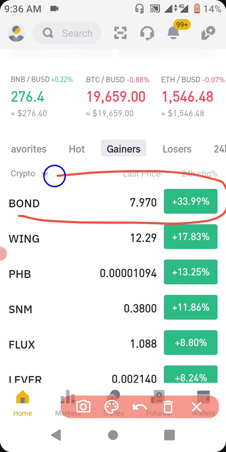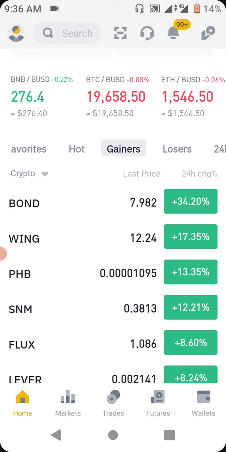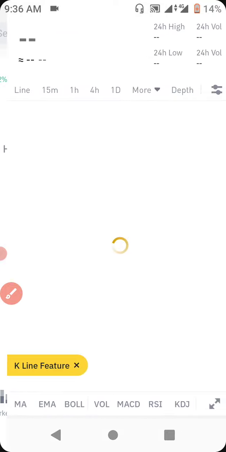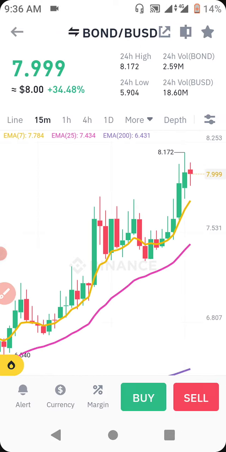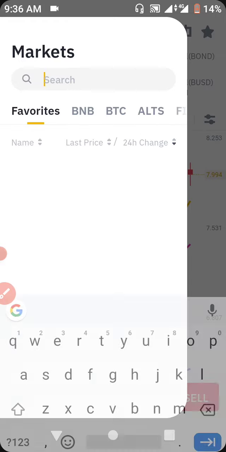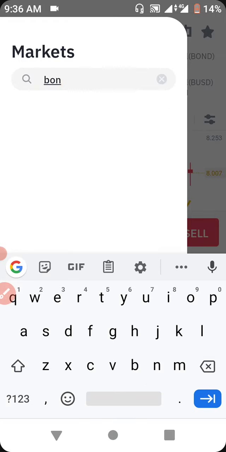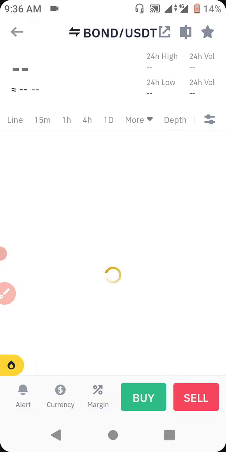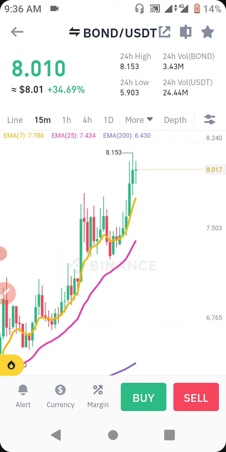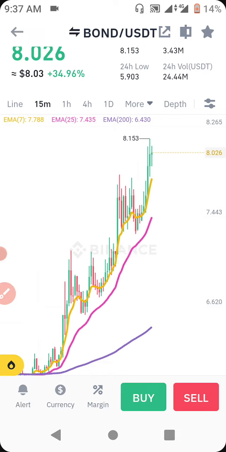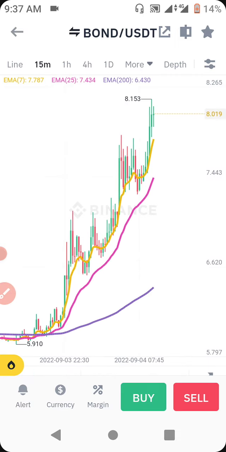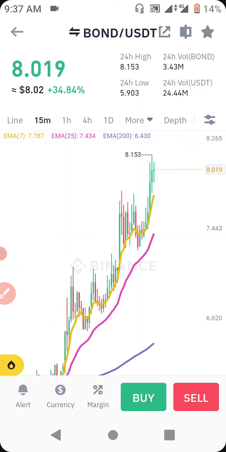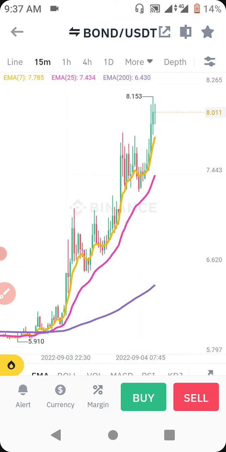Then we have bonds right here. Let's click on it. Let's search bond. And I also want to show you another method. As you can see, this crypto is going higher.